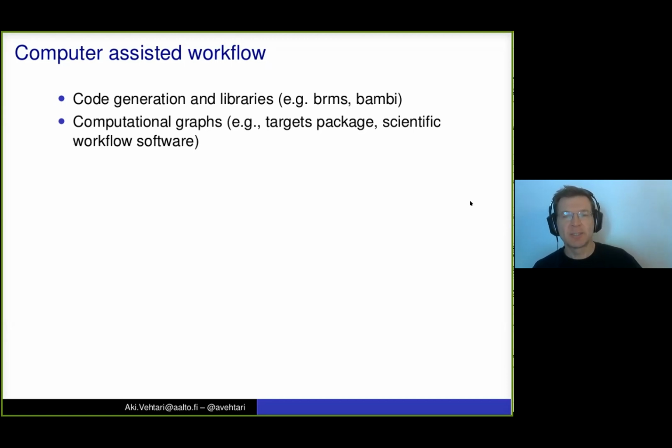These computational graphs, as I showed in the beginning in the scientific workflow software discussion, these pipeline graphs, and also in data science in R, there's the targets package, which can make certain things that you want to rerun again and again reproducible, so that if you change something in your data pre-processing, everything else in your data analysis and modeling pipeline would stay.